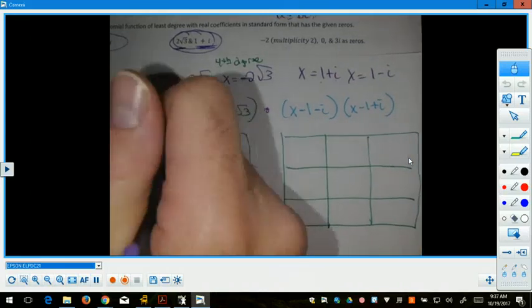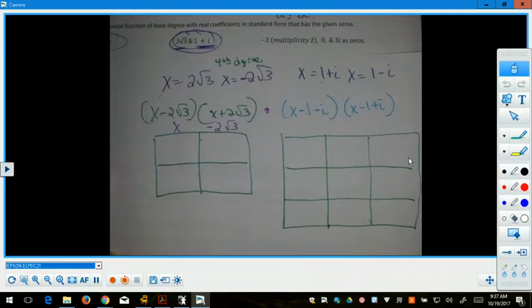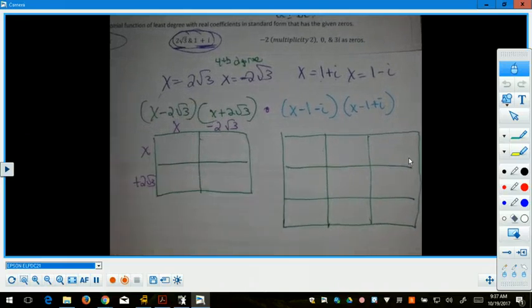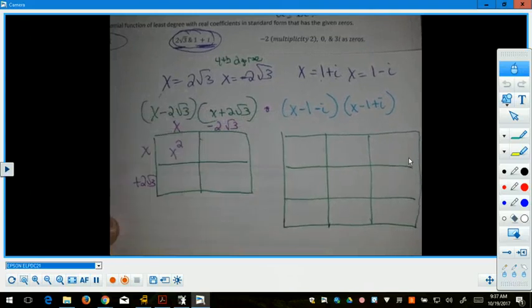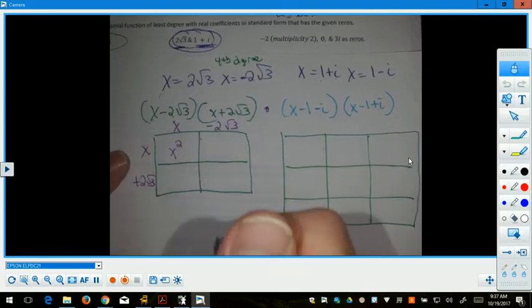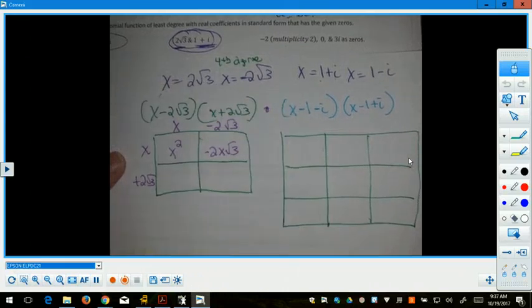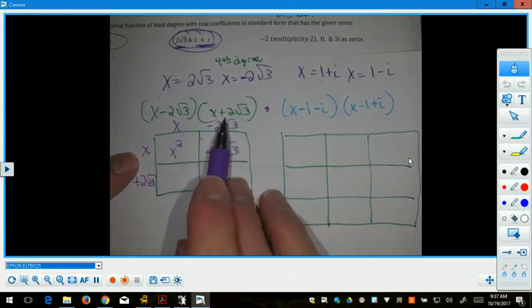So on the one on the left, I have x minus 2 square roots of 3. And I have x plus 2 square roots of 3. X times x is x squared. X times negative 2 square roots of 3 is negative 2x square roots of 3. So I'm just multiplying this one in this row by this number in this column.